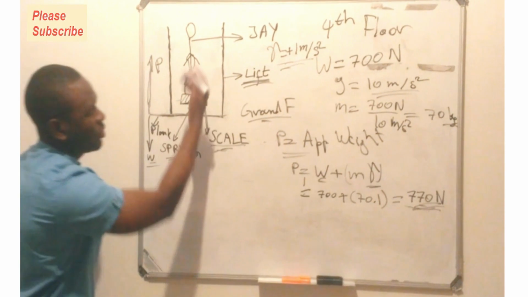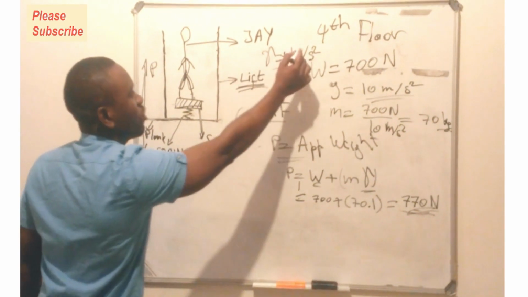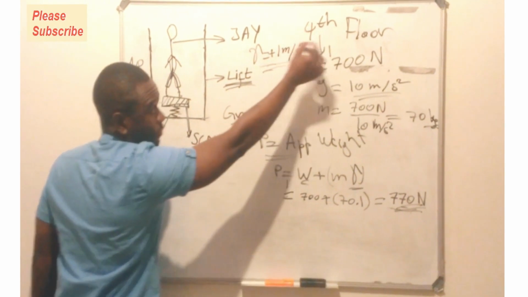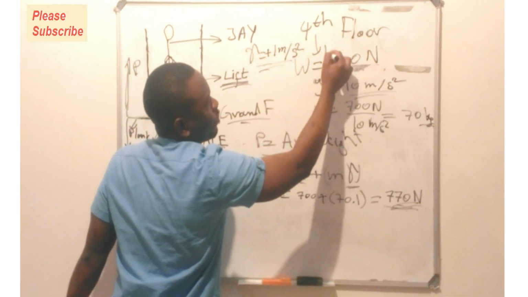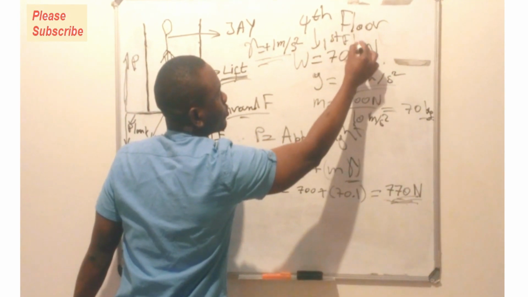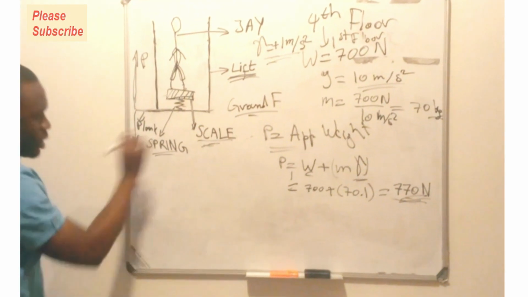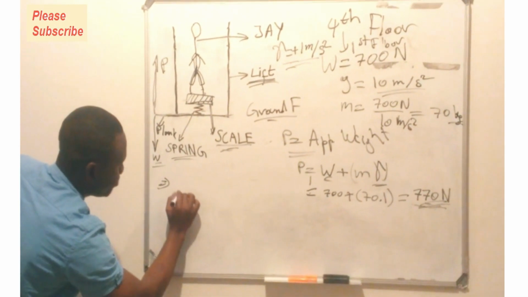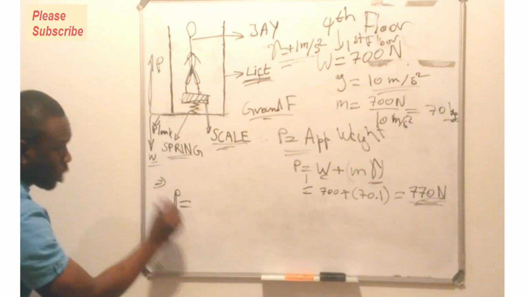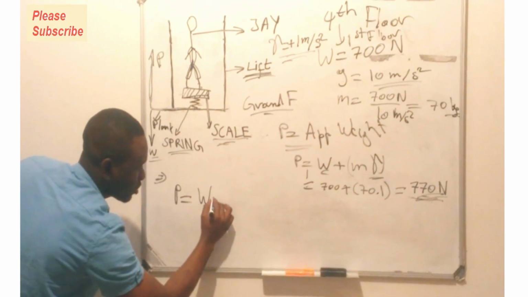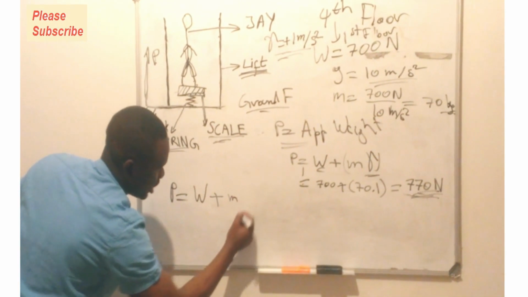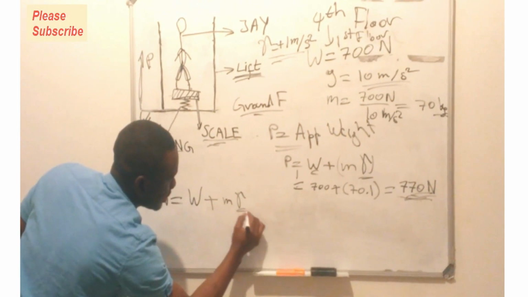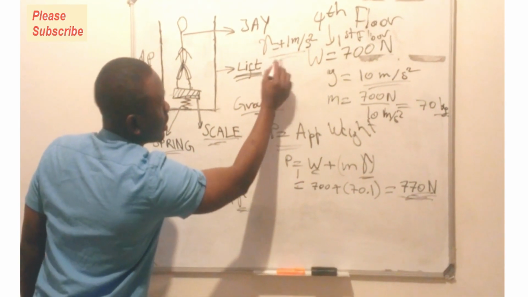Now let's consider this time J coming down from the fourth floor to the first floor. This is what's happening. The same: P is equal to the weight of J plus the mass of J times c, which is the acceleration.